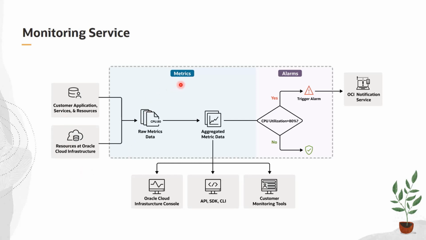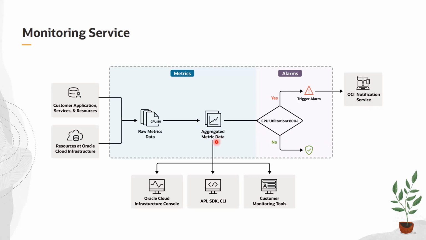Using these metrics, we can perform active monitoring. Alarms use these metrics for passive monitoring. The alarm also has a trigger action and a notification method. When these metrics breach an alarm threshold, for example, CPU utilization is greater than 80%, then an alarm gets triggered and the alarm sends an alarm message to the configured topic in the OCI notification service, which then sends the message to all the topic's subscriptions.